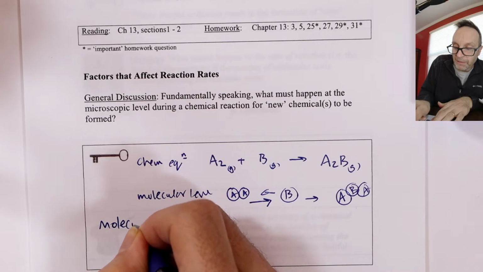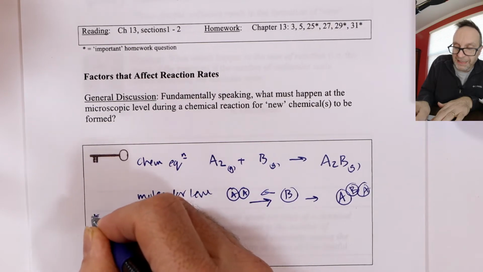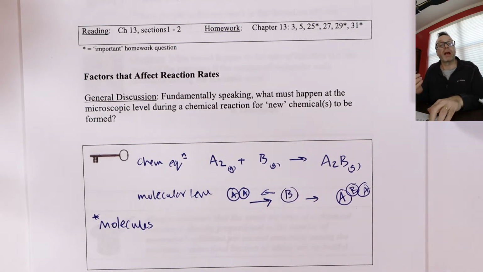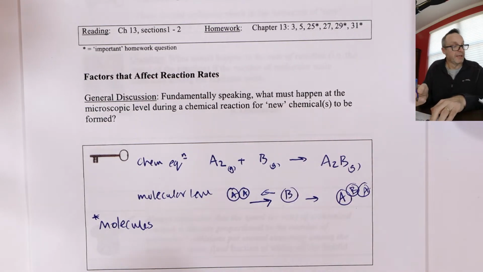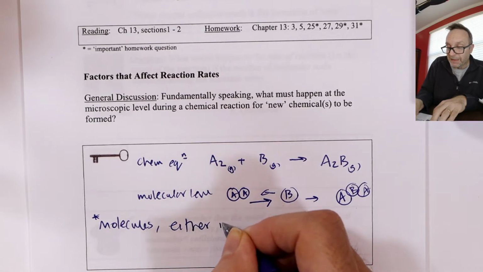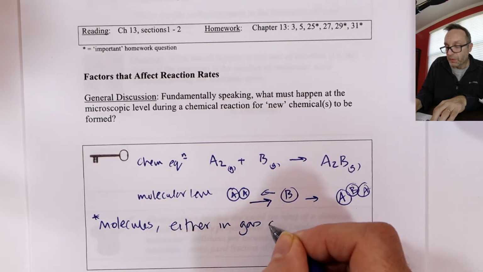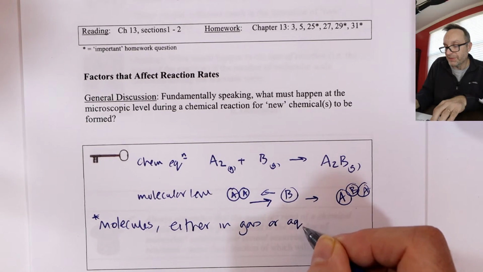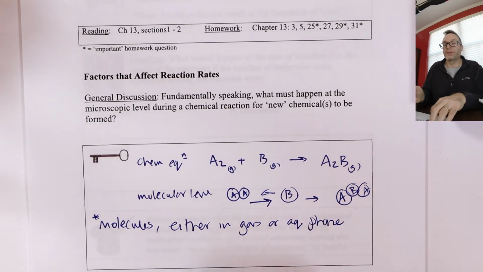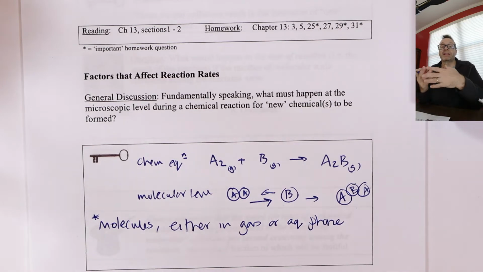So molecules, and I'm going to put a little asterisk there because they can be molecules, they can be atoms, they can be ions, some microscopic particle. They have to be either in the gas or aqueous phase. That's important. So molecules, atoms, ions, either in the gaseous or aqueous phase, because they have to be able to move. If they're trapped in a solid, they can't really move.